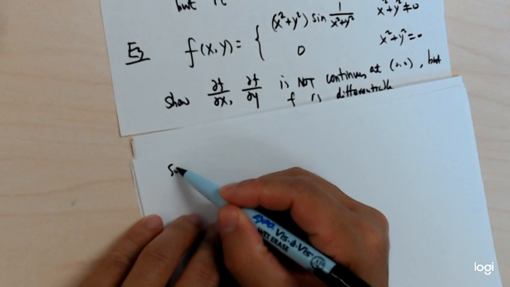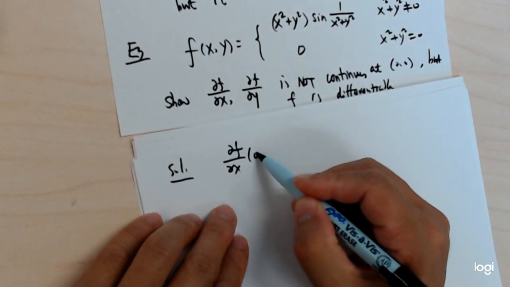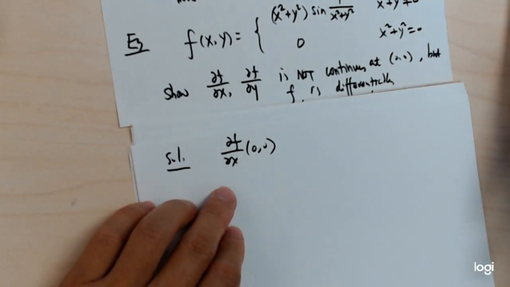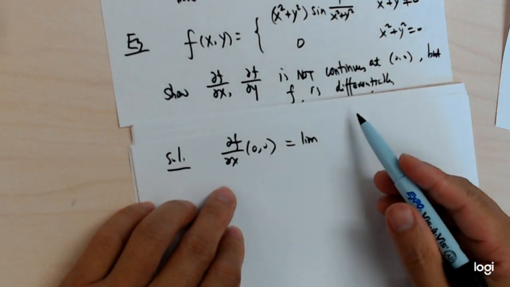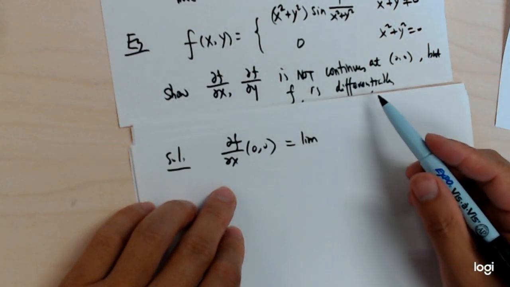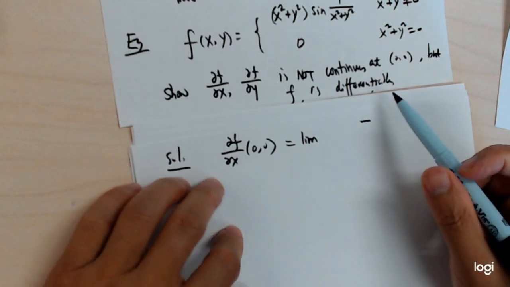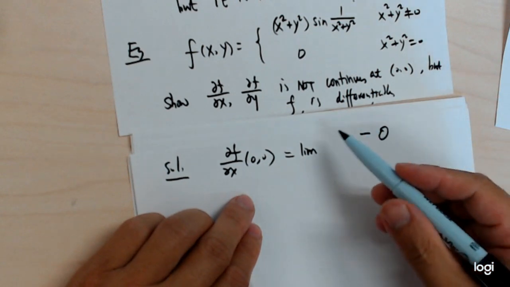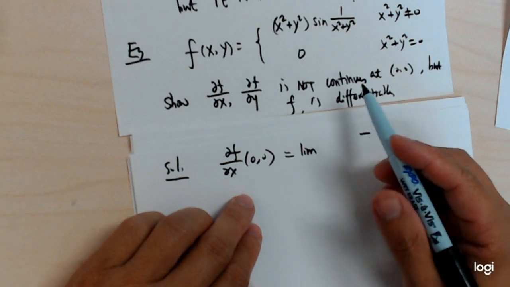So, solution: let's do the partial derivative at 0, 0. This is done by definition. We perturb x a little bit. y is always kept at 0. So obviously when x and y are 0, 0, it's just minus 0.